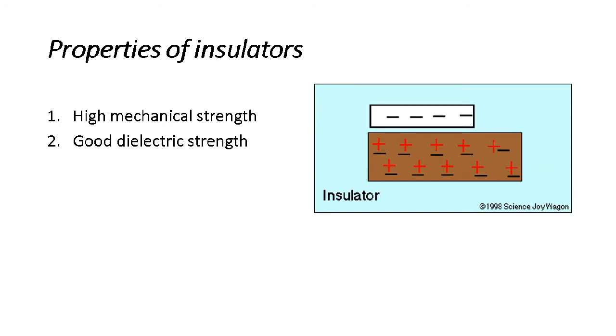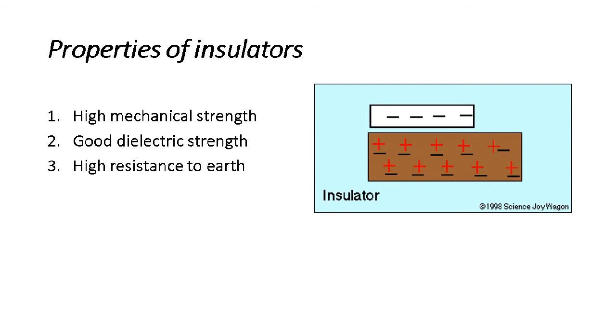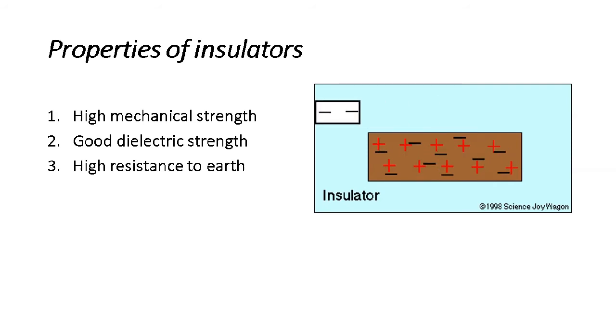The third is high resistance to earth. A conductor is at high potential, obviously, and there is a possibility of leakage from the surface of the insulator to the ground, so the resistivity of the material should be high. The resistance of your insulator should be as high as possible so that there is no leakage current.